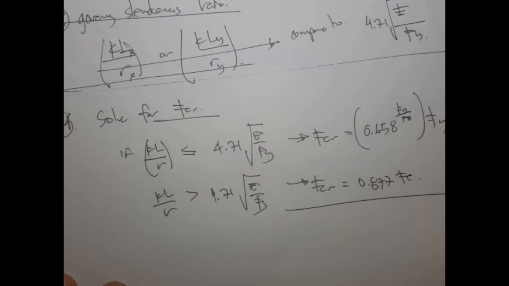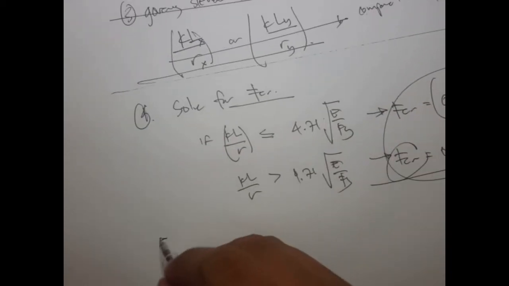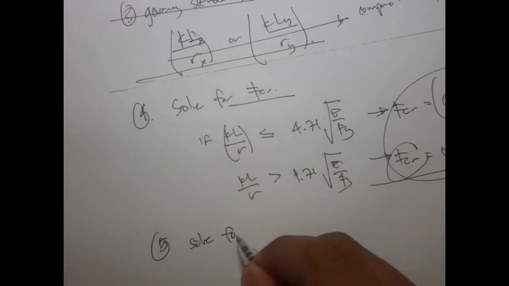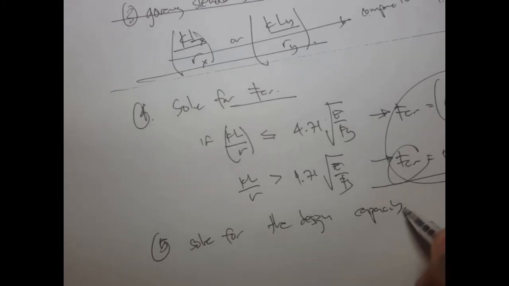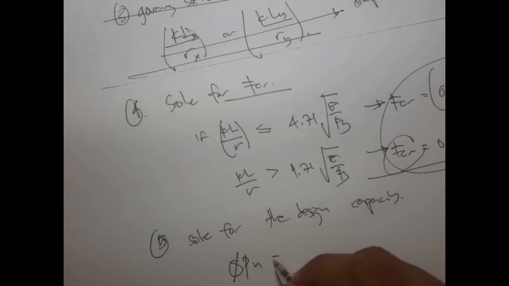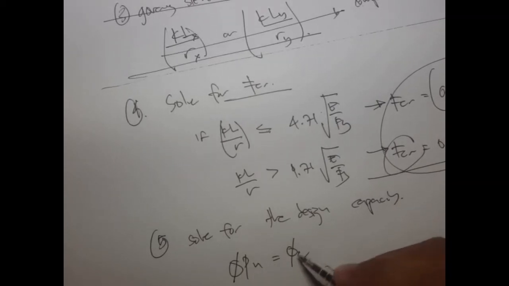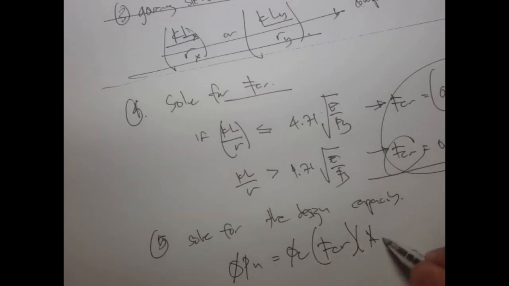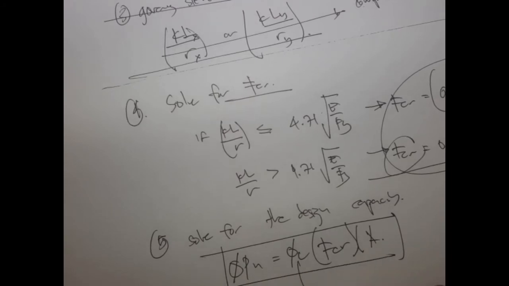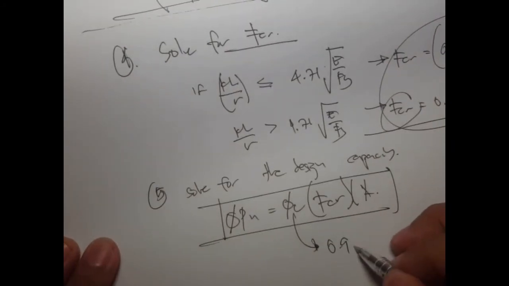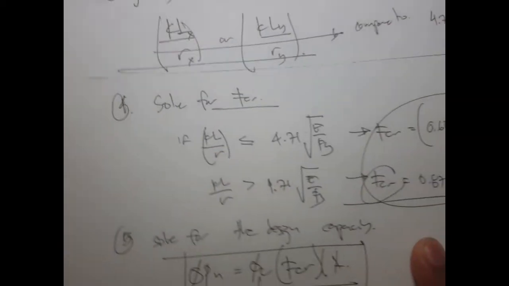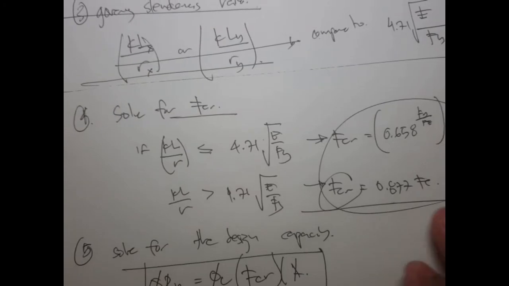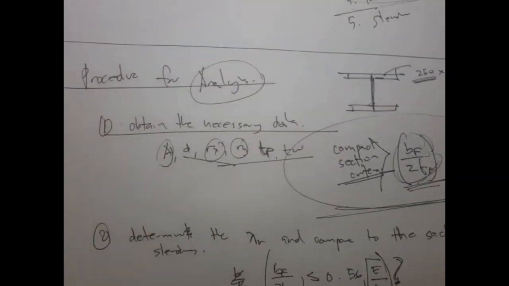Once you have the Fcr, you can solve for the design capacity, phi Pn, equal to the reduction factor for compression members, times Fcr times the area, and this reduction factor is 0.9.